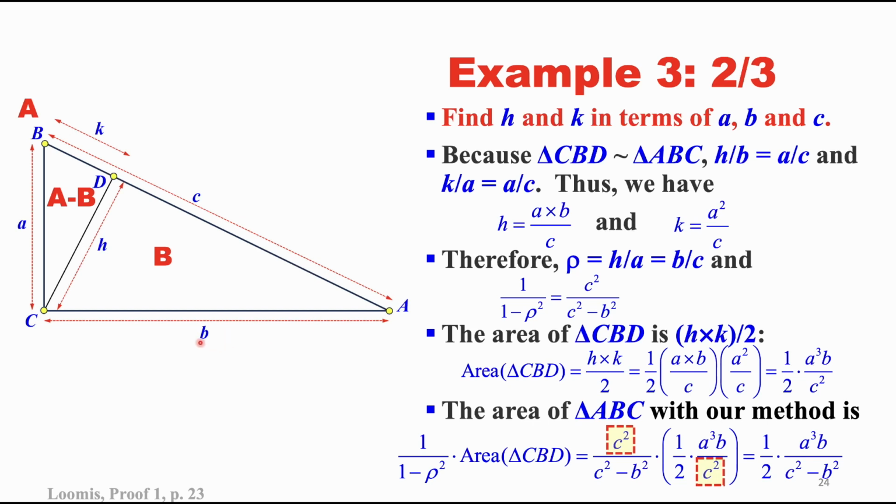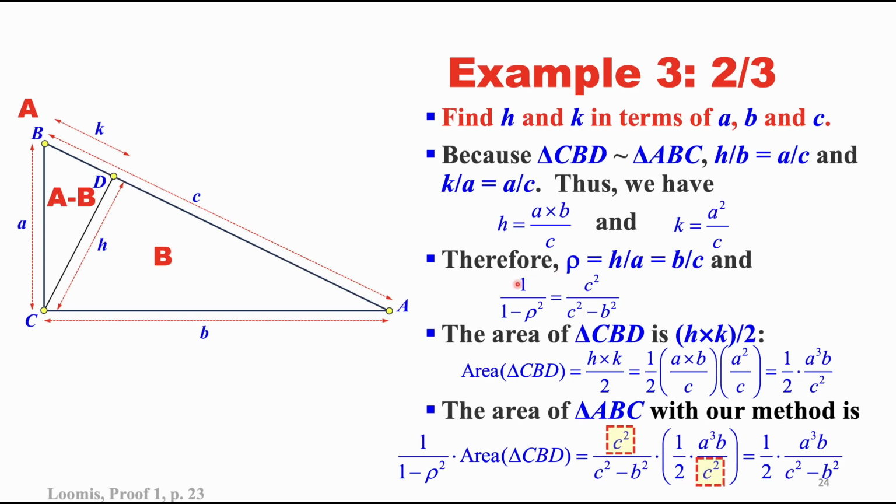Notice here, b is the hypotenuse length of triangle ACD. By the same reason, we have k equals a squared divided by c. Therefore, rho is equal to h divided by a, which is equal to b over c.